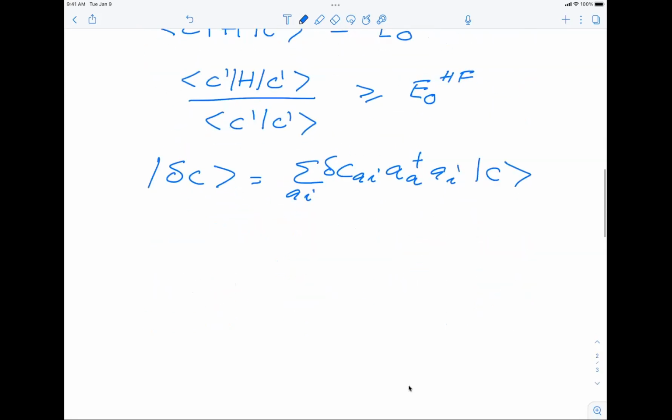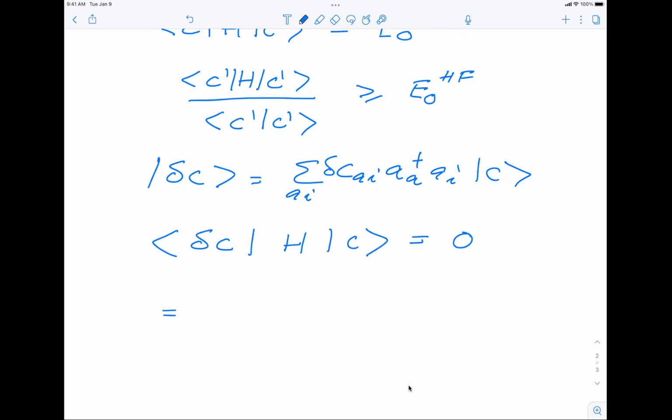Okay, so what we are going to do then is to vary the problem. What we want to require now is that this expectation value should be equal to 0. So we want to minimize that. This is just another way of stating the variational principle which we looked at earlier.